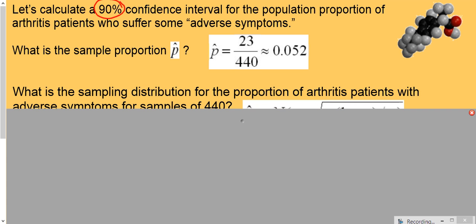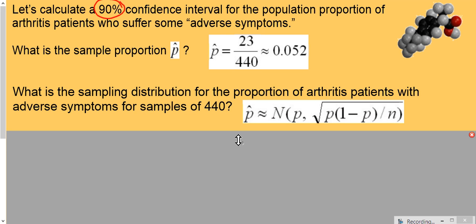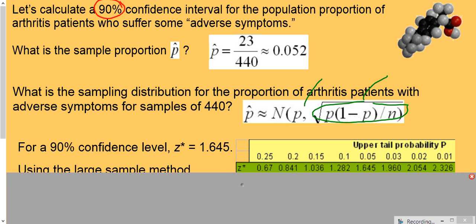So there's our P hat. This tells us the distribution is normal, with a center or mean of P and a standard deviation of this information here. That's basically stating the parameters and perspective of the question, so we're not going to worry too much about that.